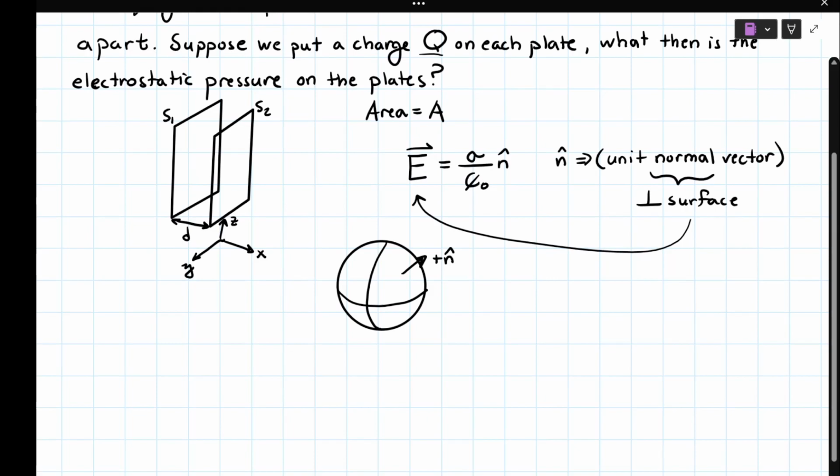To begin, let's find the electric field on the inside. And again, we know that the electric field is going to be perpendicular to the surface. So if we want to find the inside, we know that E1 is pointing this way, and we know that E2 is pointing the opposite direction.